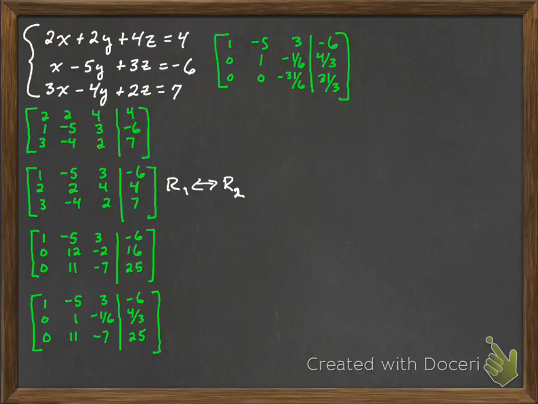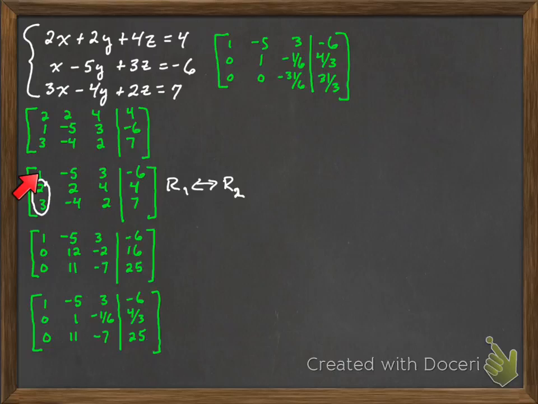All right, so once we have the 1 in the top position, the next goal is to get a 0 in each of the spots underneath it. So to get a 0 here, we need to use the 1. We're going to multiply it by negative 2 and add it to this.